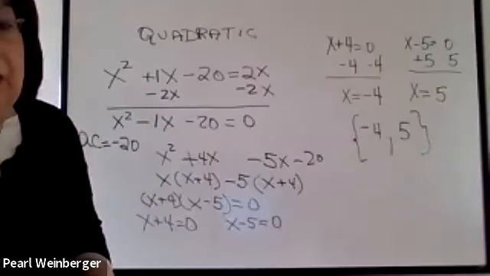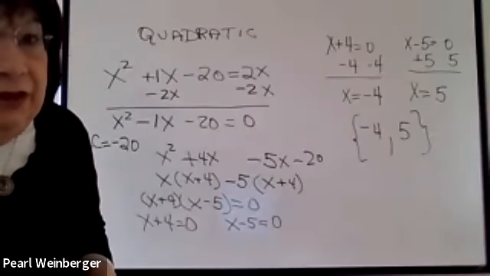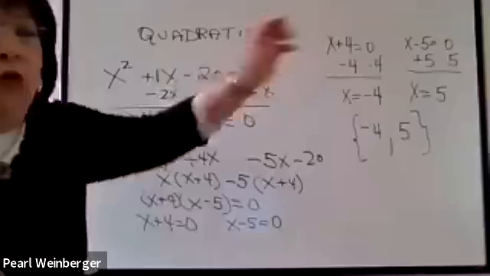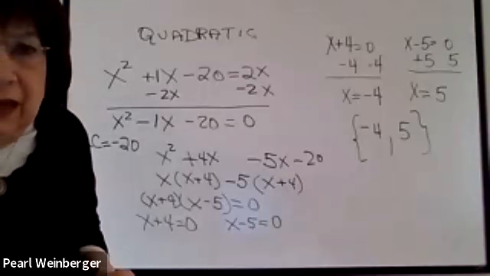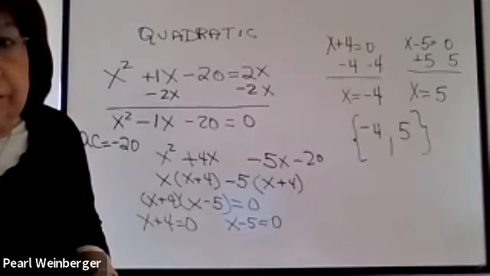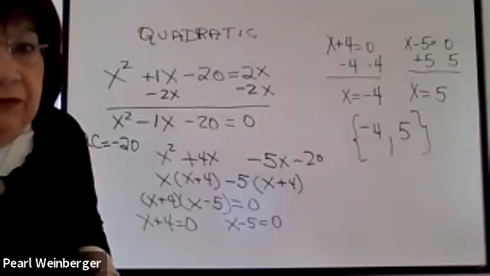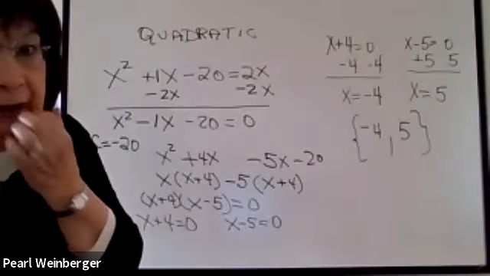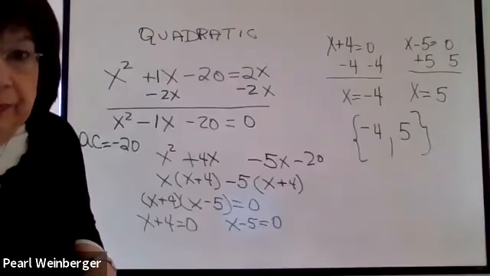They know you probably know what to do, but you might make a mistake with the signs. So it's really possible to get through the whole thing and make a stupid mistake and pick the wrong answer. Be very careful with your signs.